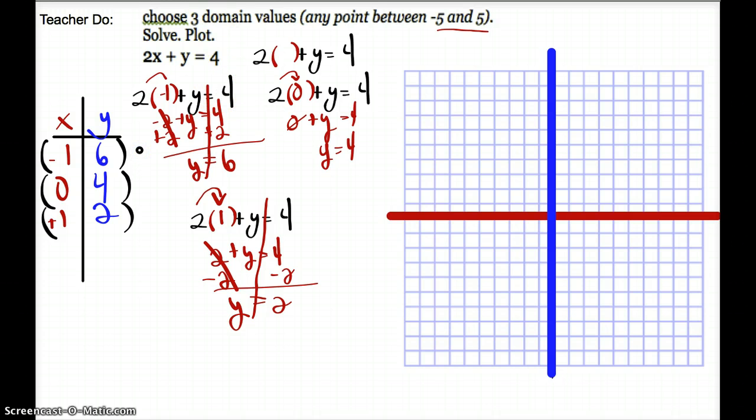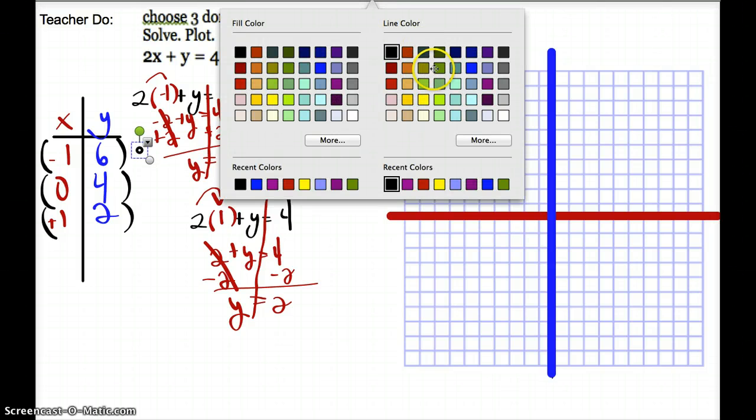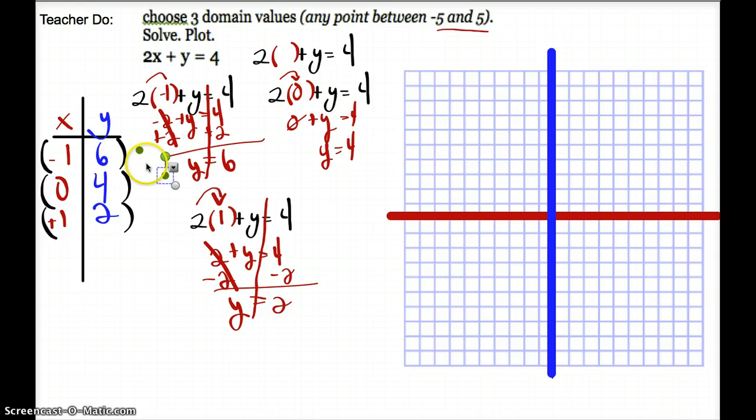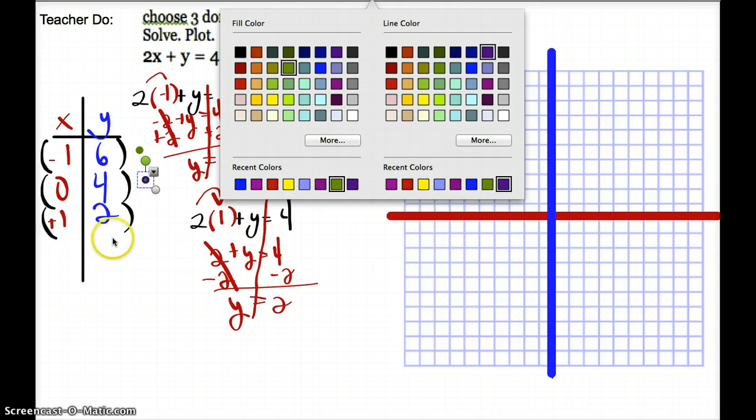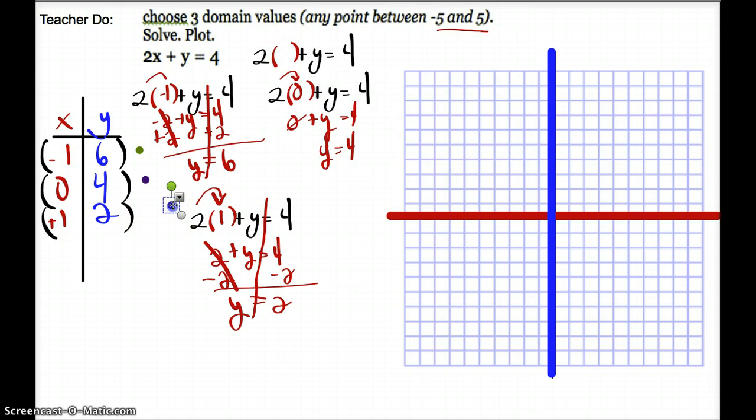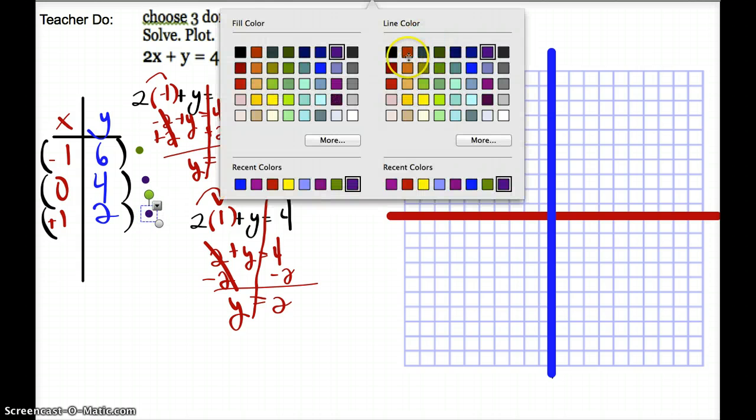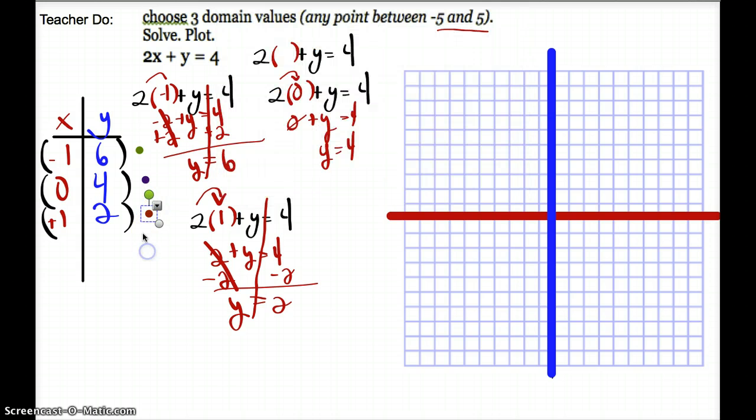Let's do one in purple, and we'll do one more in orange. That way we can distinguish which one is which.